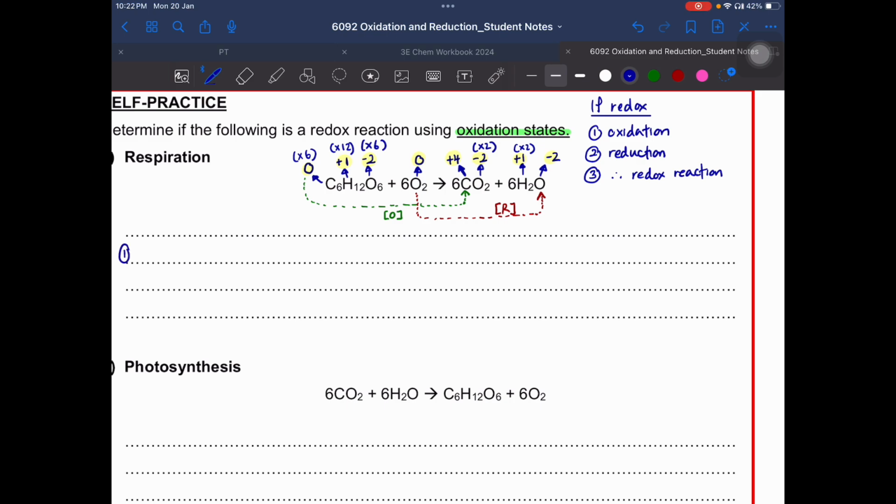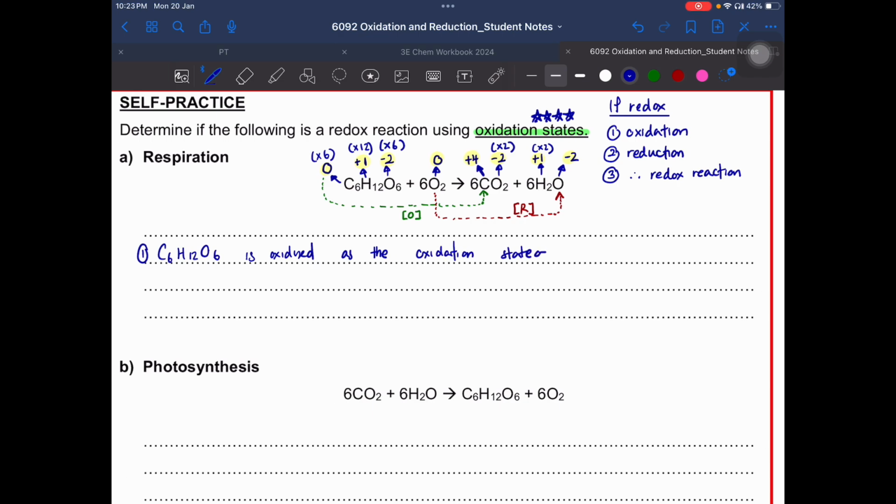First, let's talk about what is being oxidized. So the explanation will go something like this. C6H12O6 is oxidized, and then we elaborate a bit more about why using the idea of oxidation state, because that's what the question wants us to talk about. It's oxidized as the oxidation state. Then we focus on the element that we're looking at, which is carbon.